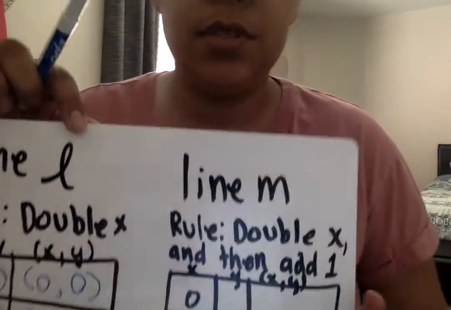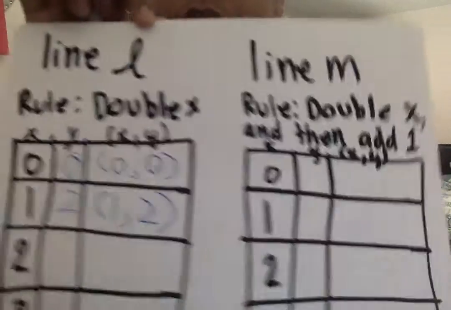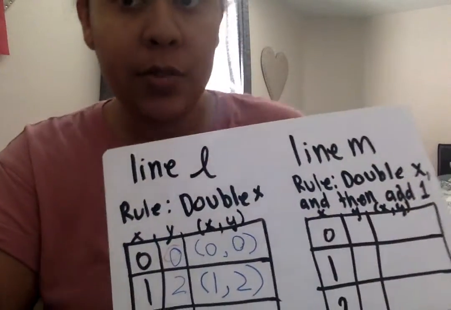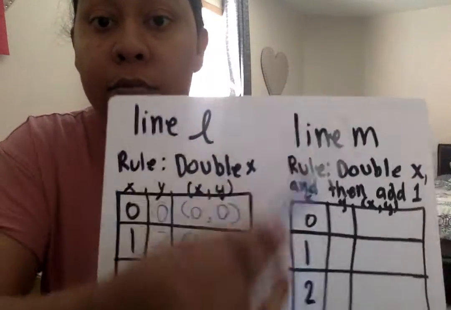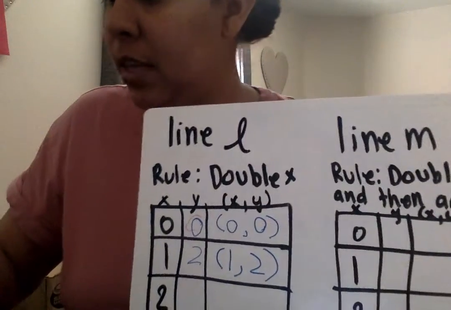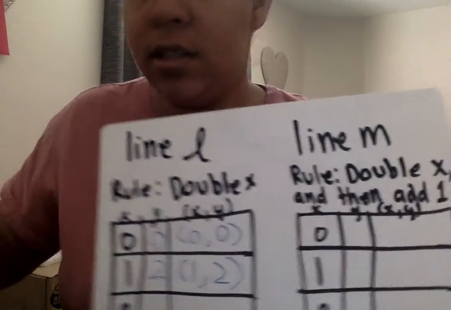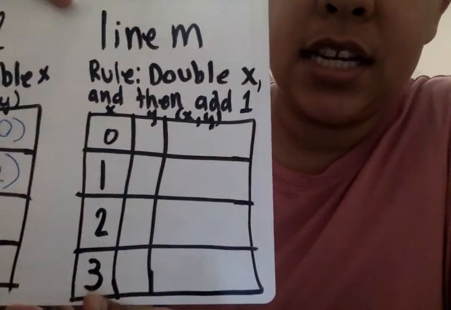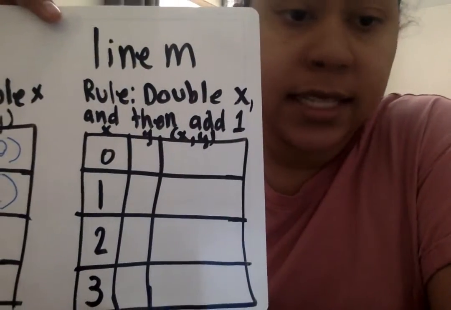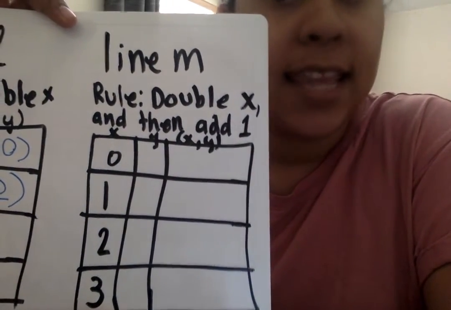So now let's do some for line M. Go ahead and click pause whenever you need to. If you need to stop, fill in the table, and then move on to table line M. So now, I'll keep with the blue. Line M says the rule is double x and then add 1.